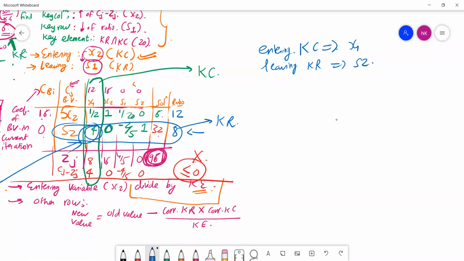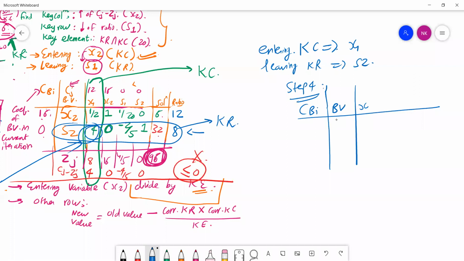Now we would be making our step number 4, that is, we would be making the table again. Continue with this same process. I want everybody to be ahead of me in doing this calculation, and I want a response from everyone. What is the value corresponding to each of these things? You can just start calculating the values.